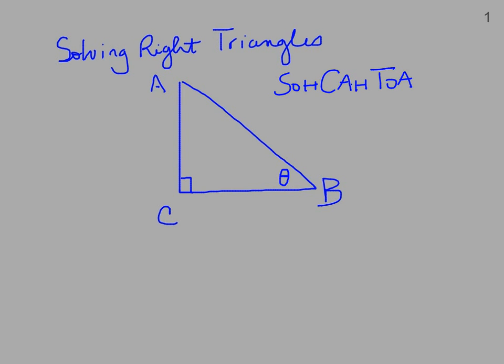Now, for any triangle, no matter where theta is located, the hypotenuse is C. And if you notice, angle C and side C are opposite of each other. That's how we're going to keep all of this straight, is keep these opposite of each other.